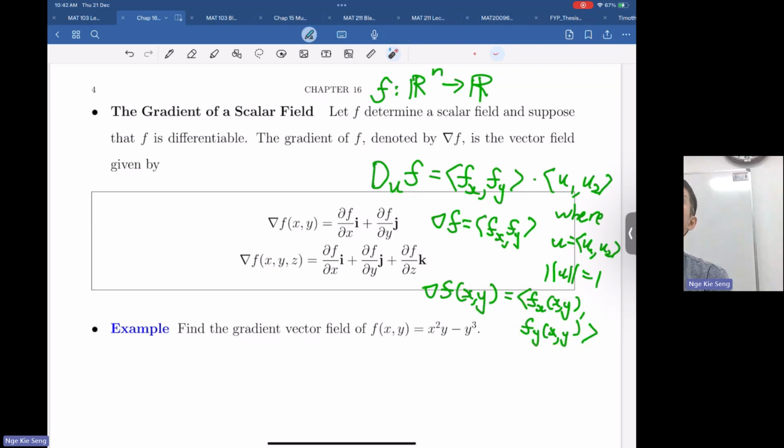So this is exactly a vector field. Now we see the gradient of a scalar field as a vector field. We use different language now. It's the same thing, but in a different language.